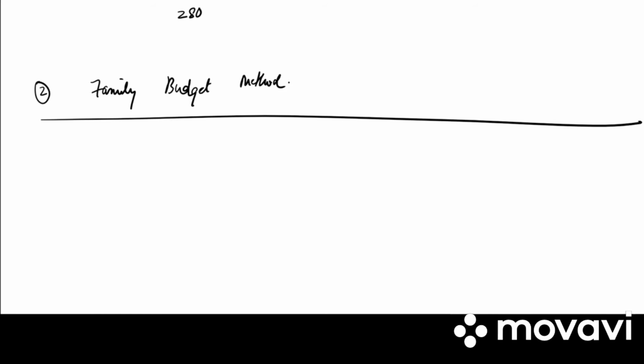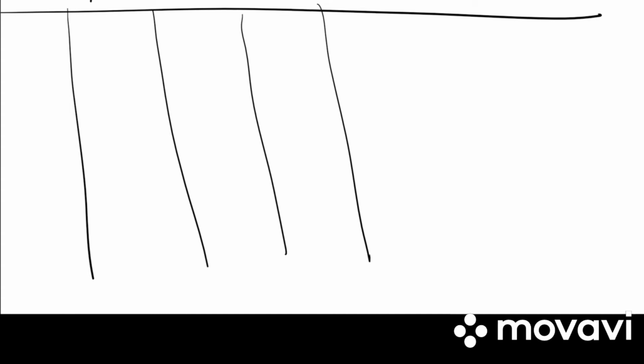Write down the second one. Family budget method. Articles Q0, P0, P1.